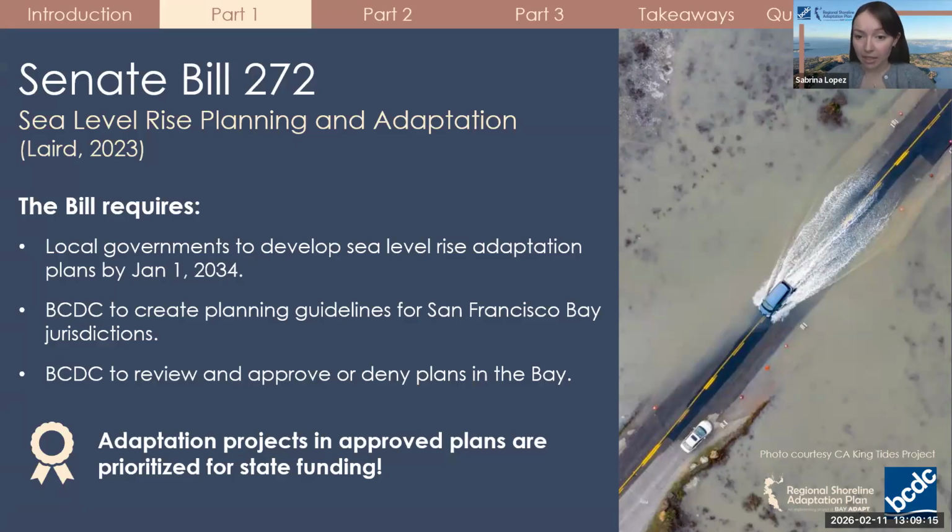BCDC was tasked with creating the planning guidelines for San Francisco Bay jurisdictions and reviewing submitted plans to either approve or deny them based on how well they align with those guidelines. Also, an important incentive to note is that projects included in approved plans are prioritized for state funding. So the work you do now can translate into real on the ground actions that protect communities for years to come.